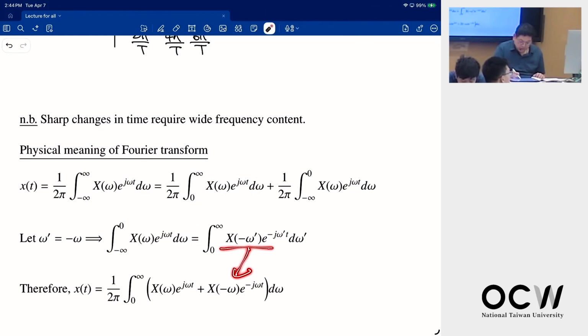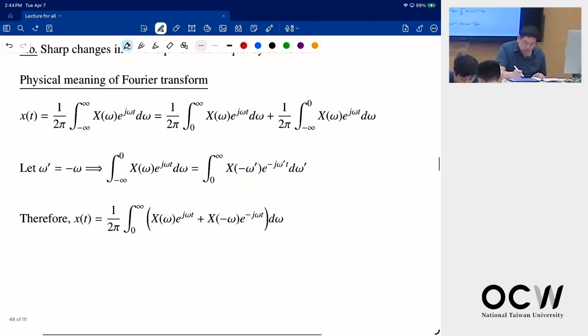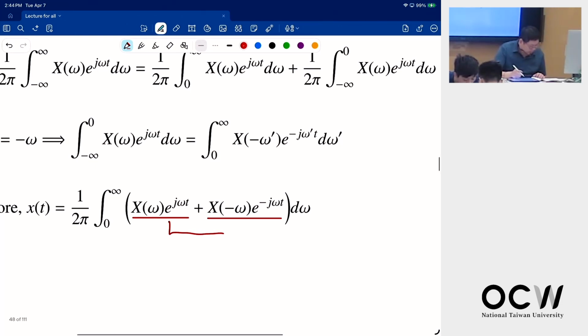Here's the second term. And you can see they are conjugates.